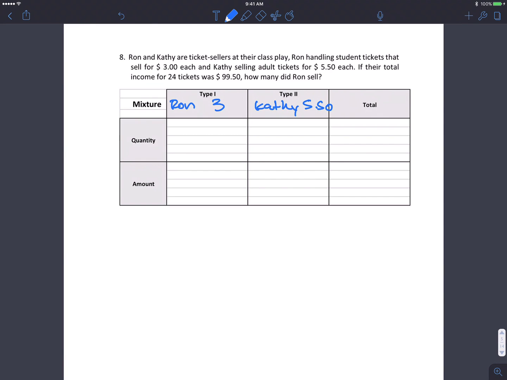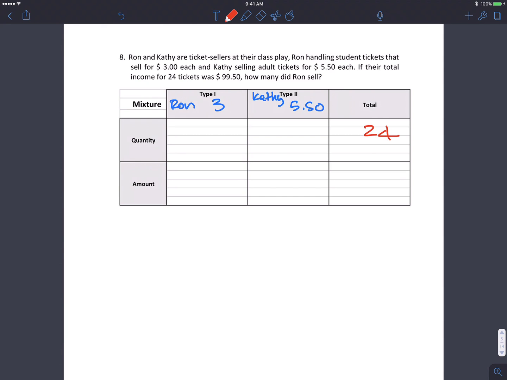Okay, so we'll put Kathy up here. Kathy handles the $5.50 tickets. The total income for 24 tickets. Now that's a quantity. There's 24 tickets.